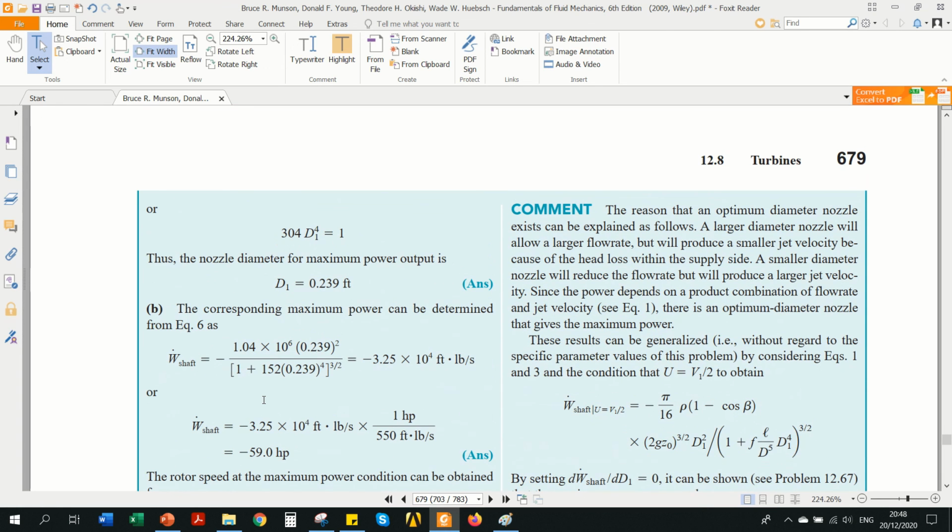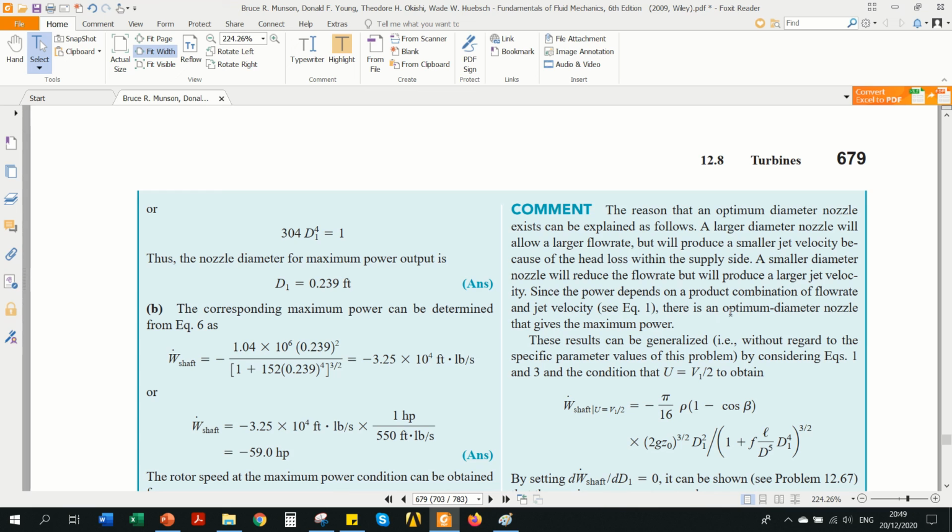The explanation is quite simple. For a larger diameter nozzle, the flow rate will be high, but the jet velocity will be low because of head losses. A smaller diameter nozzle will reduce the flow rate but will produce a large jet velocity, since the power depends on the product combination of flow rate and jet velocity.